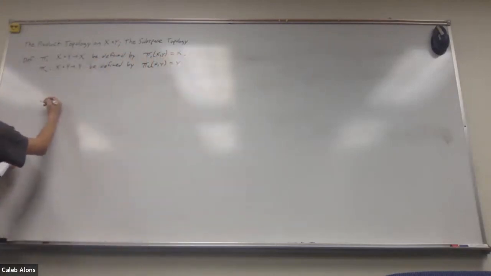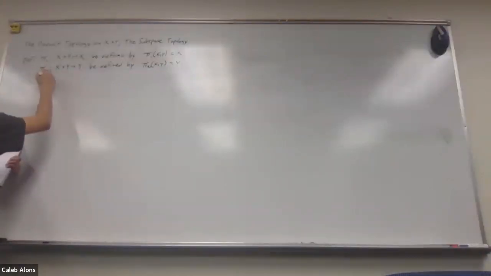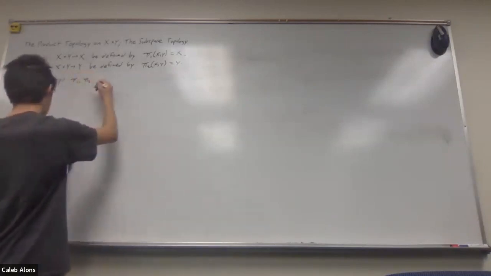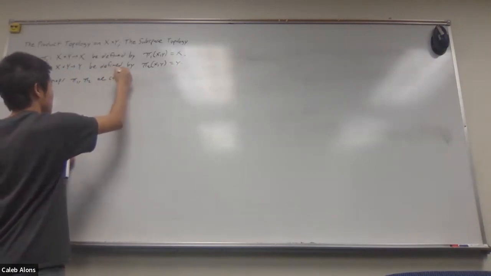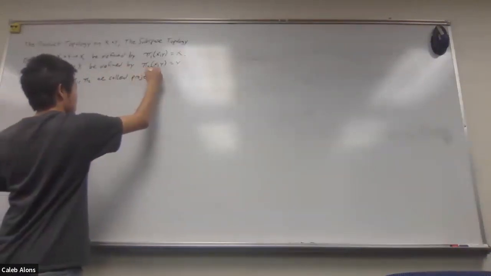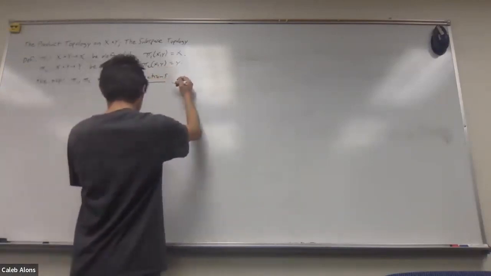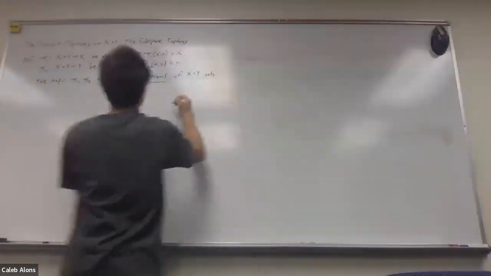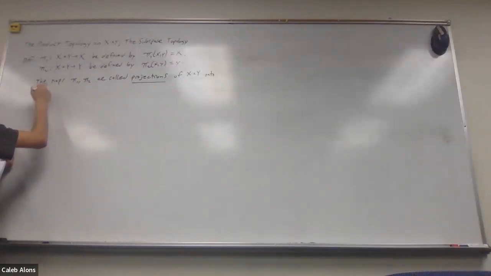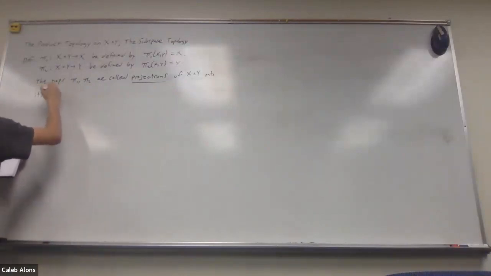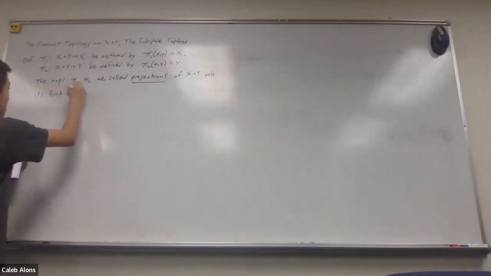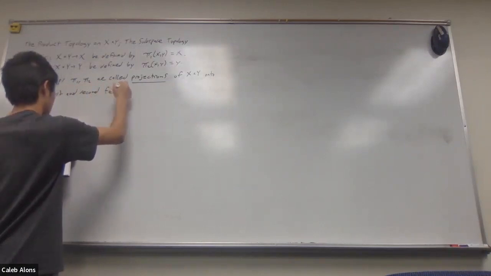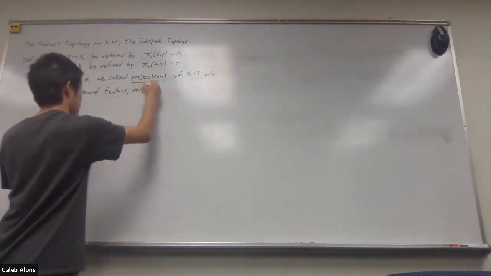And from here, we are going to say that the maps P1 and P2 are called projections of X cross Y onto its first and second factors. Okay, factors, interesting.